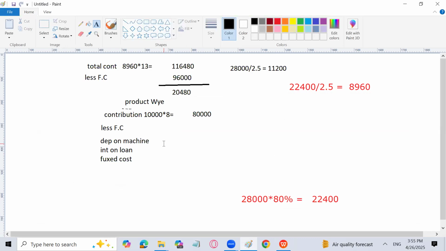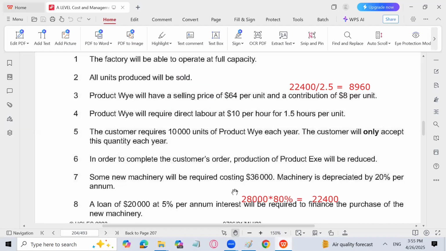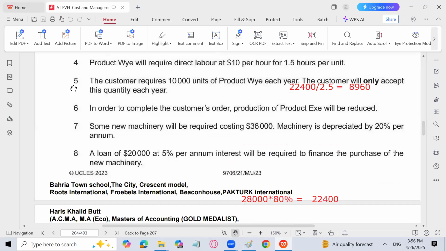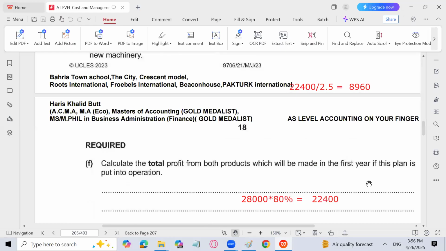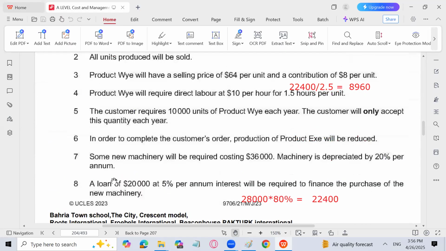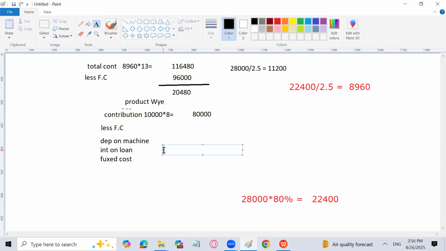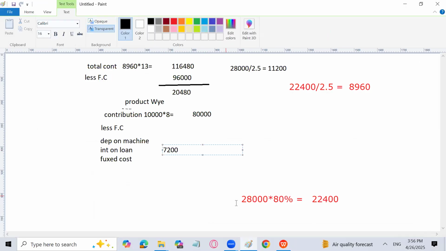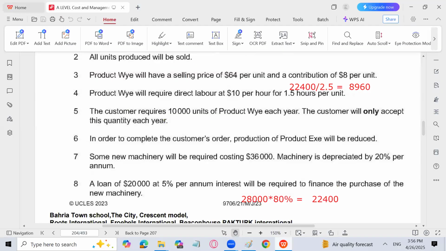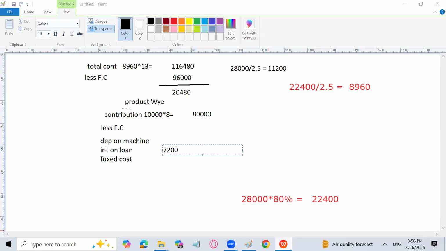What is the depreciation on machine? 36,000 into 20% is 7,200, right? We are supposed to find total profit for the whole first year, so it is not monthly and we don't need to go for a month calculation. Interest on loan on 20,000 is 5%, so 20,000 into 5% is going to be 1,000.